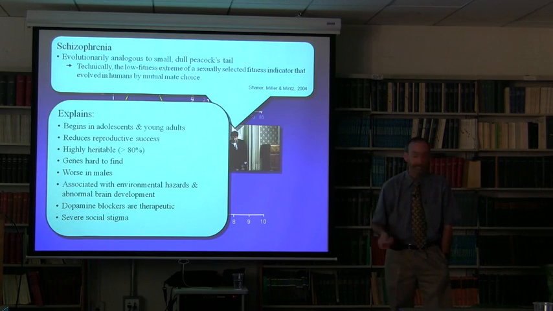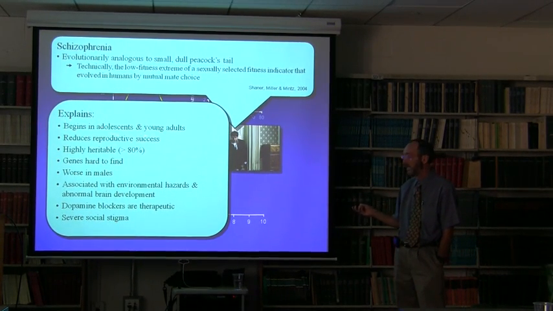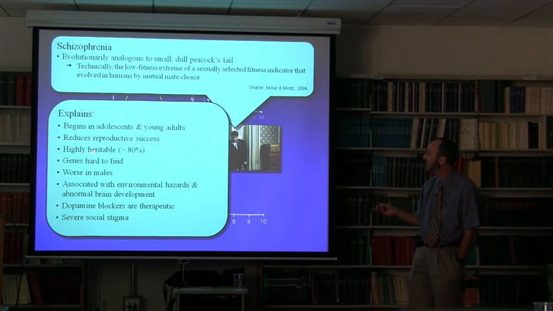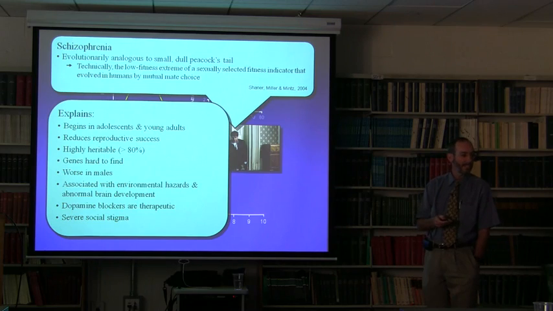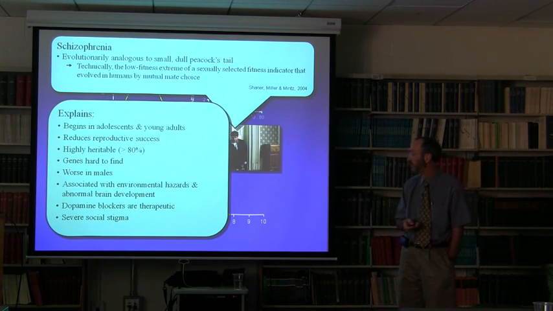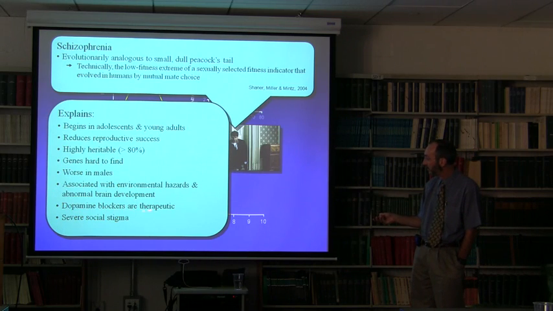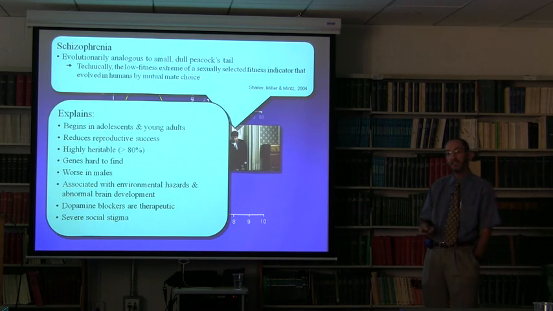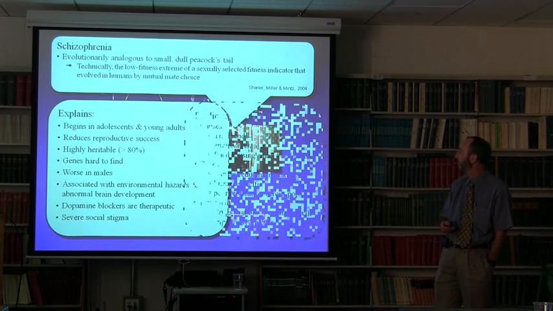This hypothesis, that single sentence, if true, could explain why schizophrenia begins in adolescents and young adults, why it reduces reproductive success, why it's highly heritable, why despite that heritability the genes have been very difficult to find, why it's worse in males, why it's associated with environmental hazards and abnormal brain development, why dopamine blockers like Haldol and Thorazine are therapeutic, and even why people with schizophrenia are subjected to such severe social stigma.